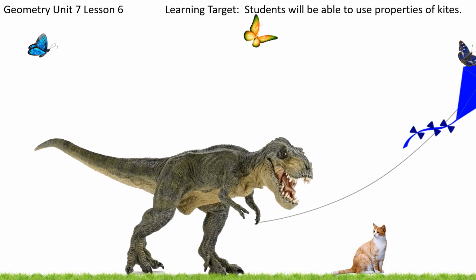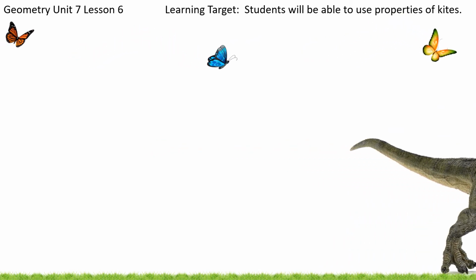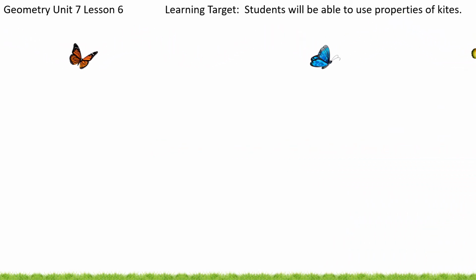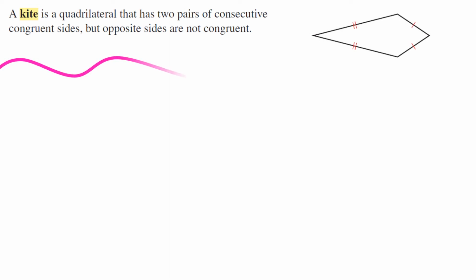So this is going to be properties of kites. All right, so again, we're in the land of quadrilaterals, so they've got to be four-sided shapes. And kites are another one of these weird family relatives. And I guess if the trapezoid is the weird uncle, maybe the kite is the weird aunt. They are not parallelograms, right?